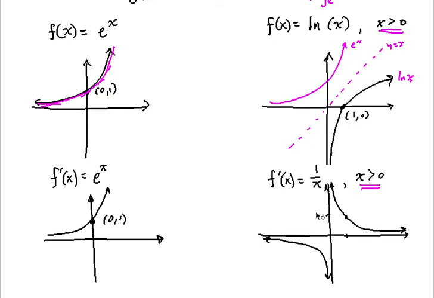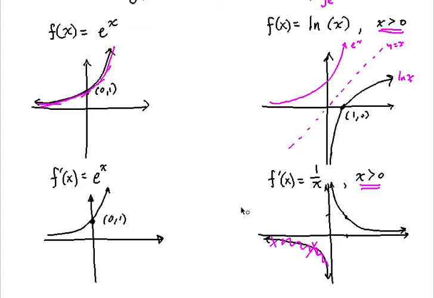Okay, so what that means is even though 1 over x looks like this, since I'm only interested in values that are greater than 0, this part actually doesn't matter. Okay, so I'm going to ignore this, and so I would only be looking at this graph right here. Okay, so this would be 1 over x.